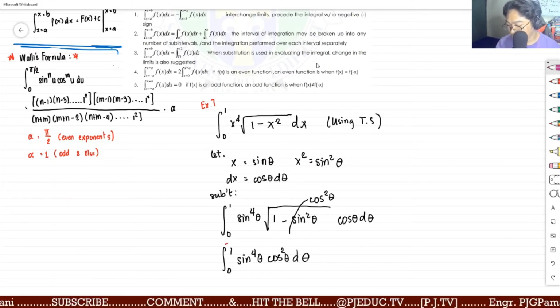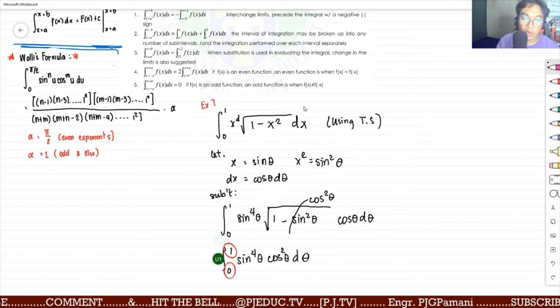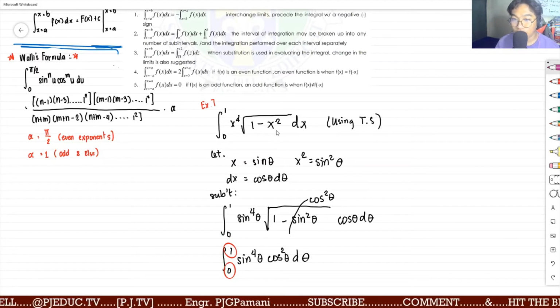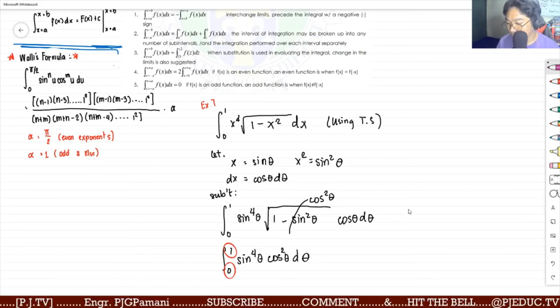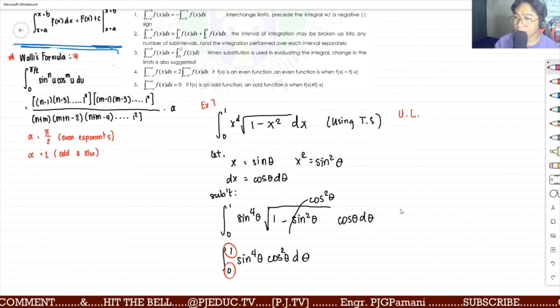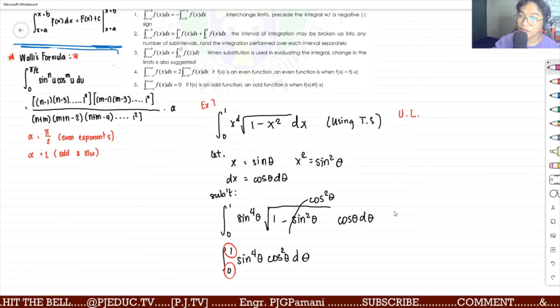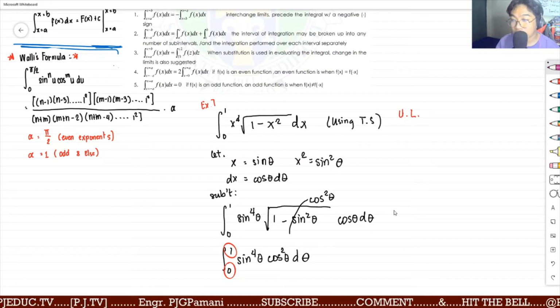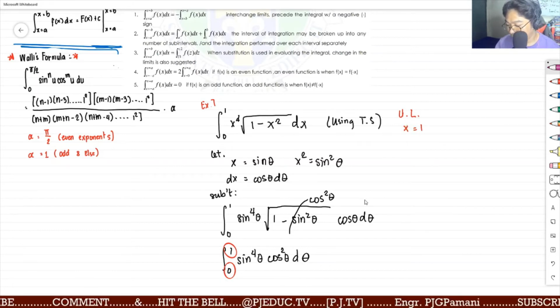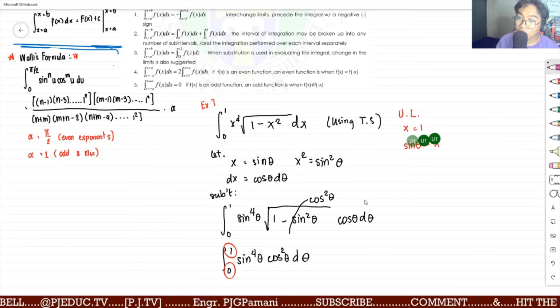So we need to change the upper and the lower limit in accordance to the substitutions that we have considered for this problem. Now, reevaluate your upper limit. Remember that upper limit is just the equivalent value to be substituted to our variable x. So if the upper limit is x equal to 1, remember in our substitution, sine theta is also equal to 1.